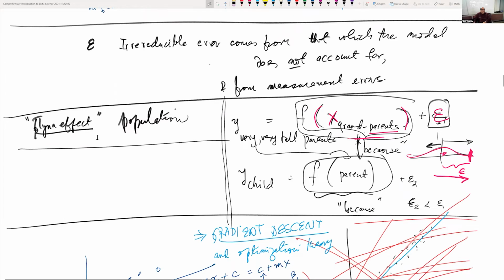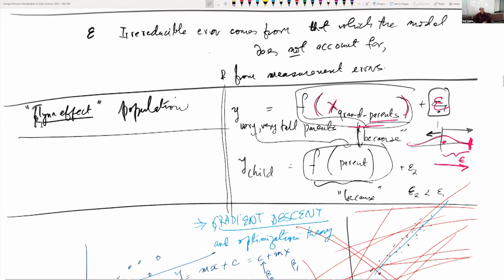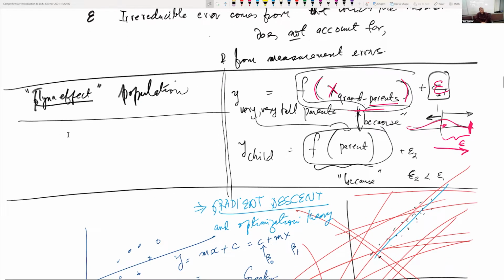We also, in passing, talked about the Flynn effect. I just mentioned that what is true of individuals is not true of the population. Actually, in the population, we observe the opposite. We observe that the human population is in general growing stronger, taller, and more intelligent, more capable. And that is called the Flynn effect. What used to be the Olympic record 30, 40 years ago, high school kids achieve regularly now.